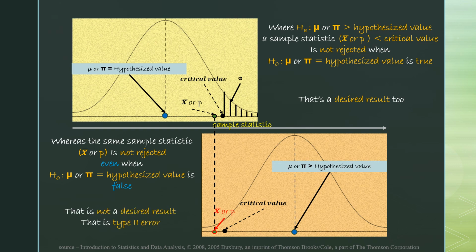That is not a desired result. That is in fact a type 2 error. Notice that x bar or p is shown on the distribution where mu or pi is greater than the hypothesized value. This is because of the condition that H0, that is mu or pi equals hypothesized value, is false.